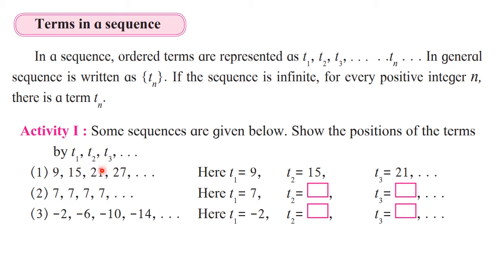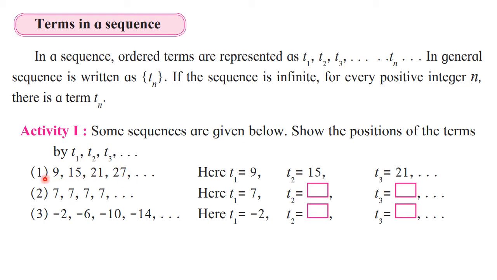So here in this activity we are provided with these three sequences, and then they have asked us to show the positions of the terms by T1, T2, T3 and so on. In the first one, where the sequence is 9, 15, 21, 27, you can observe that the numbers are in definite order. 9 plus 6 is 15, 15 plus 6 is 21, 21 plus 6 is 27.